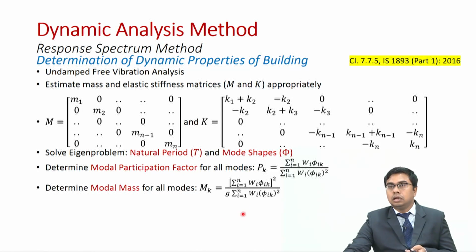The expressions are given over here for both modal participation factor and modal mass. It will be more clear as we go through the illustrative example in the next class.